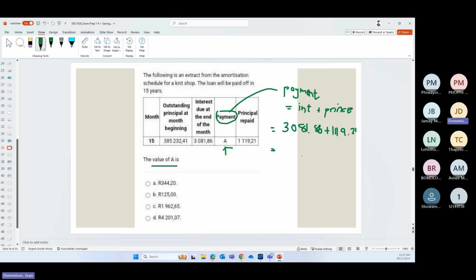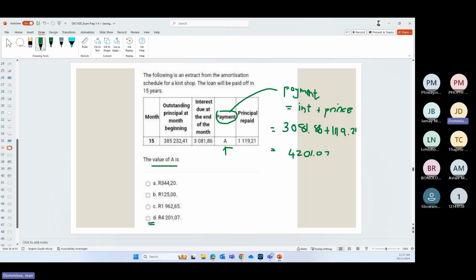That calculator's battery is flat, let me just get another one. 3081.86 plus 1119.21, and our value of that payment is 4201.07, which is option 4.